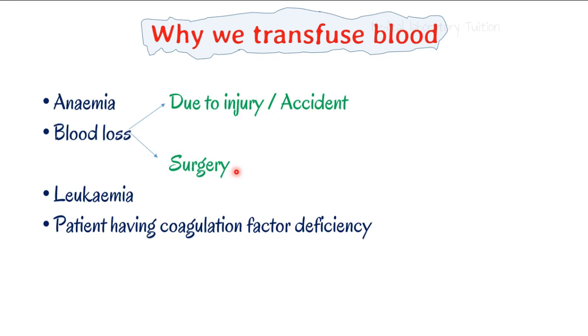In case of a leukemia patient, where the WBCs are not healthy, we have to replace the abnormal WBCs with new healthy WBCs so that they fight the infection and save the life of that person. Another case is a patient having a coagulation factor deficiency, such as deficiency of factor 8 or 9. We have to transfuse fresh frozen plasma, which is a component of blood, and we can also give cryoprecipitate in some serious cases.